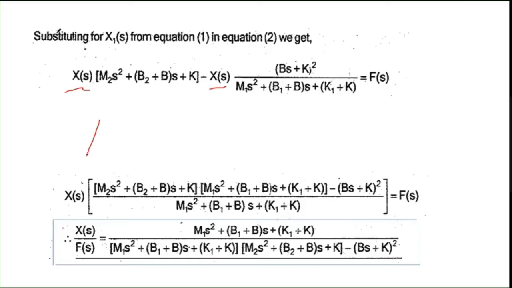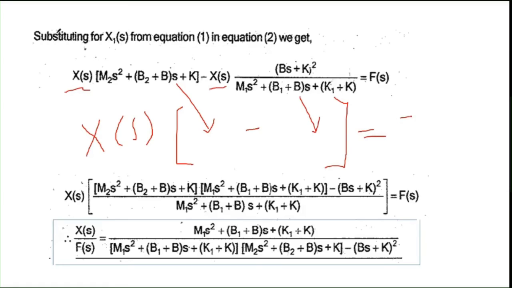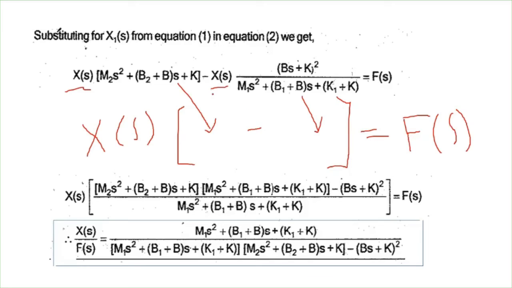So x of s into this term minus this term equals f of s. Okay, I think till this you got. Find out the difference between these two terms.